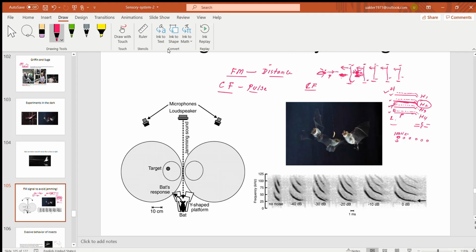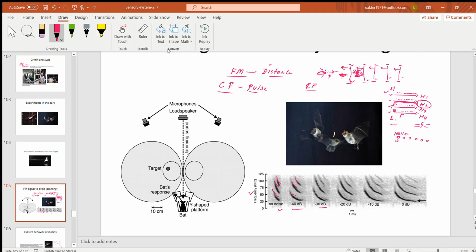So this is a study on the FM band. So you can see that frequency modulated, right? So the frequency is changing in the pulses. So these are the pulses at different intensities, and this is an experiment.